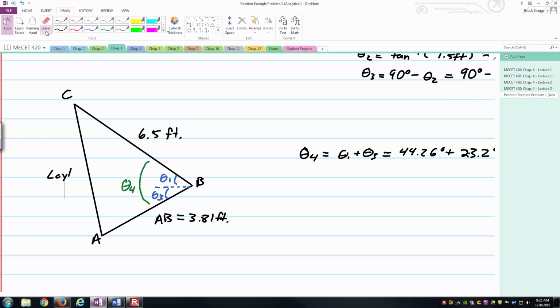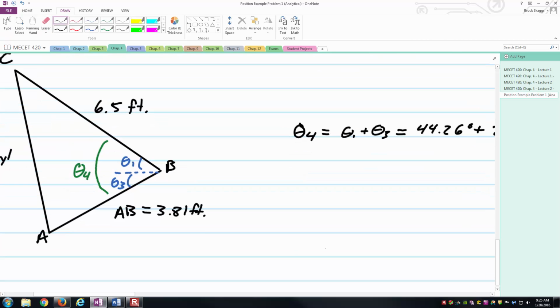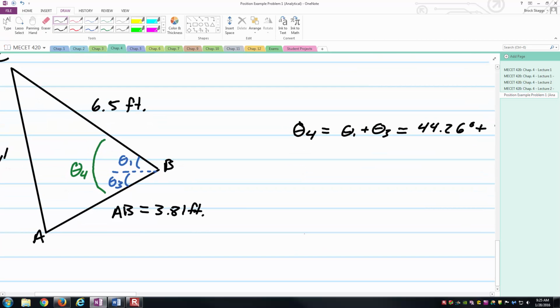Next, just implementing the law of cosines. And so here, make a note, we're going to use law of cosines. And so usually that goes c squared is equal to a squared plus b squared minus 2ab times the cosine of gamma, we'll say, the included angle.